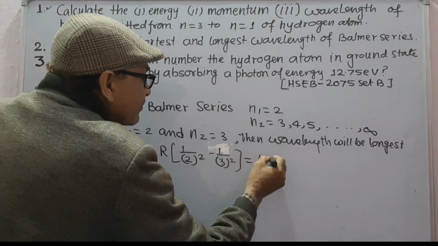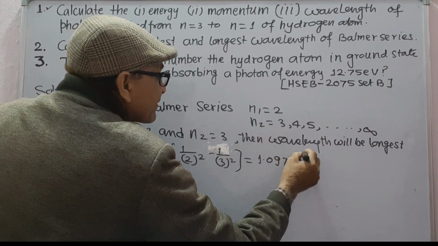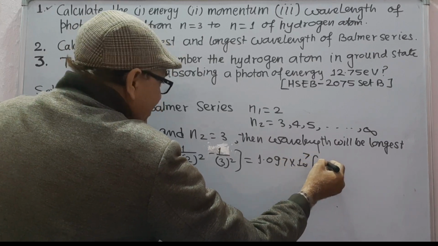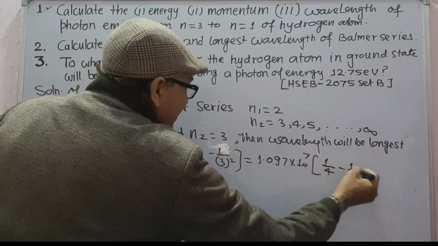Rydberg constant is 1.097 into 10 to power 7 into 1 upon 4 minus 1 upon 9.